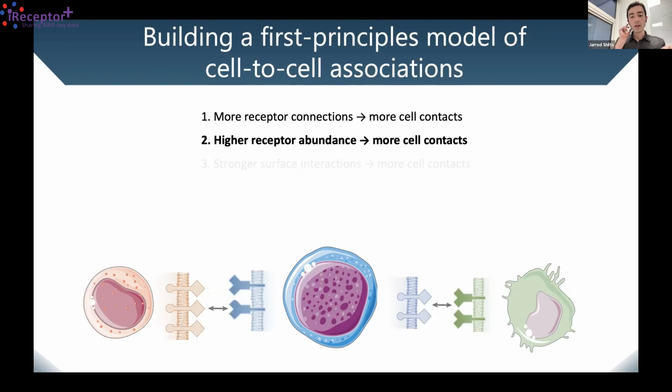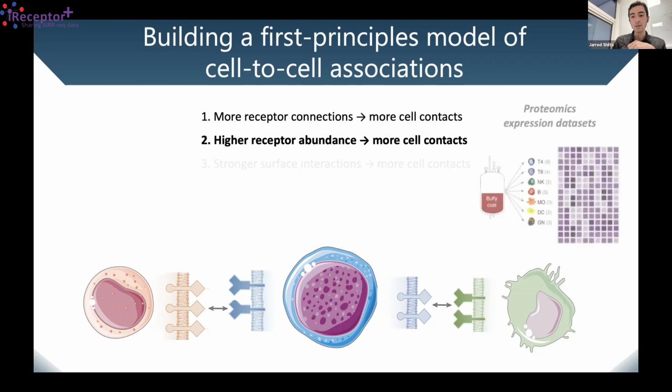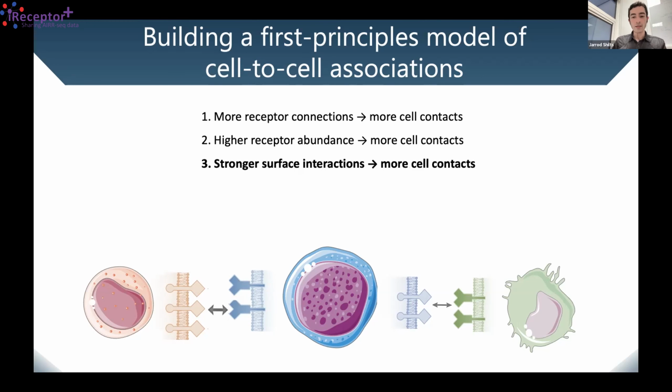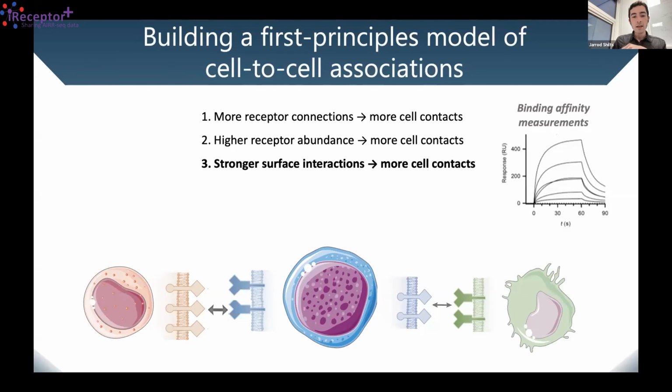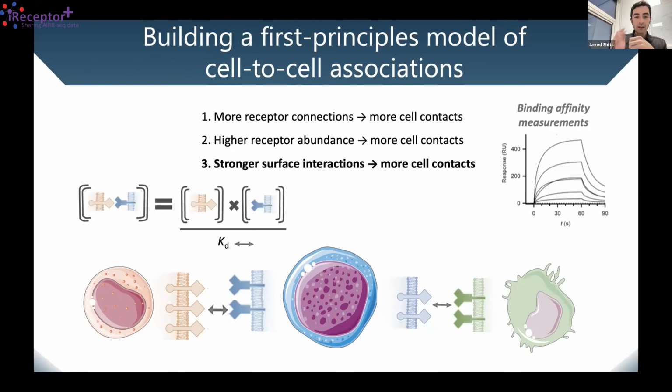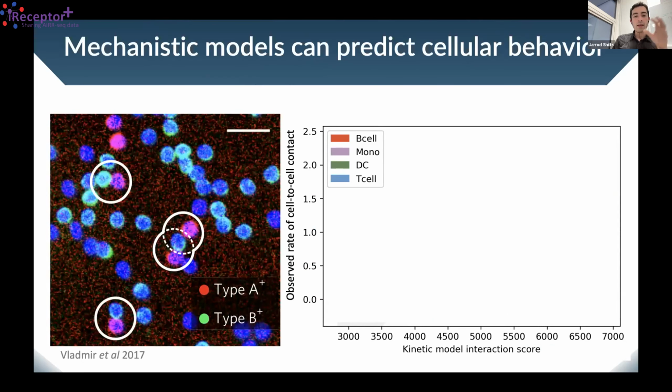Then receptors that are more abundant can also be better at mediating these long-lasting associations between cells, which you can get from a wealth of proteomics and other data sets in the field. And then the strength of the interaction: weaker interactions will be less able to mediate cells interacting, and stronger interactions, which our affinity measurements give. Through basic physical formulas like mass action laws, you can combine those different numbers from all these different sources and produce predictions that actually agree with some of the things you can observe under a microscope.